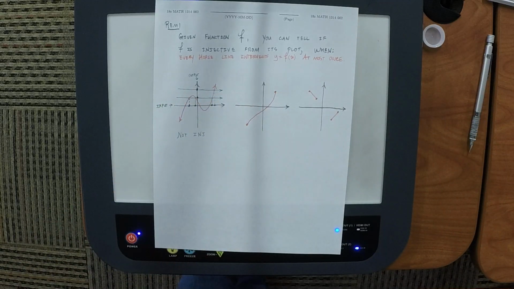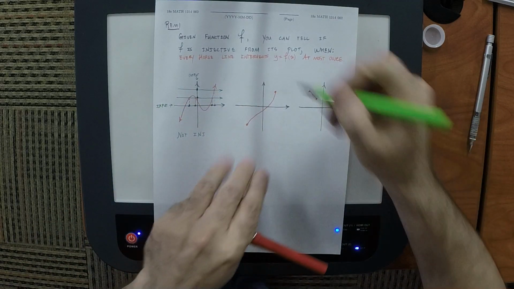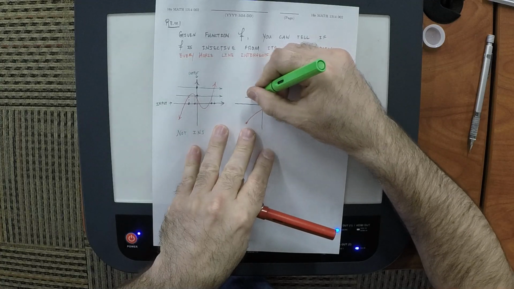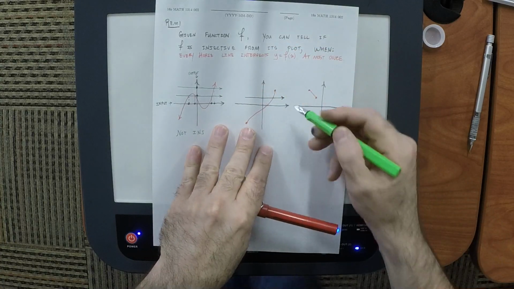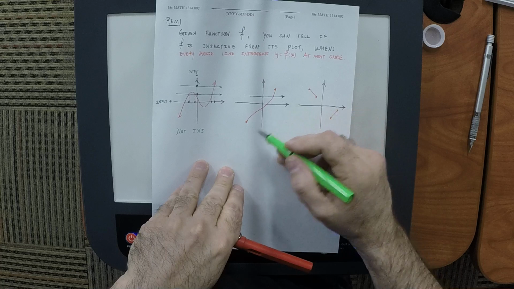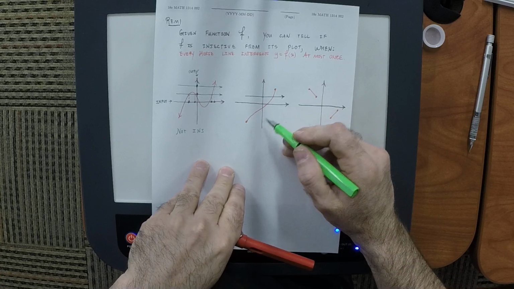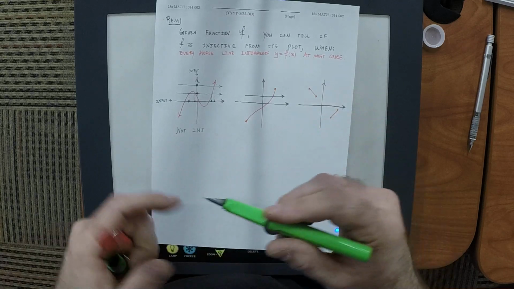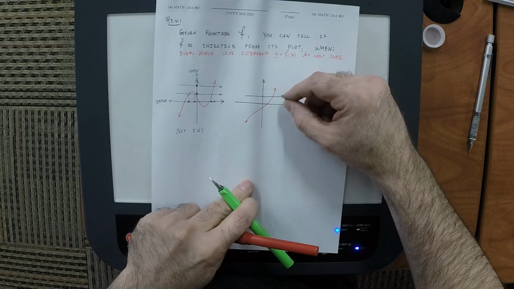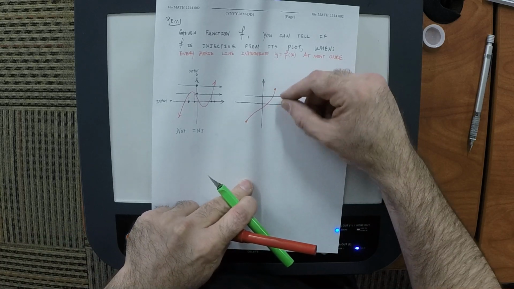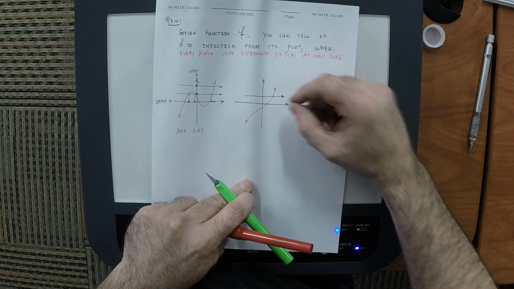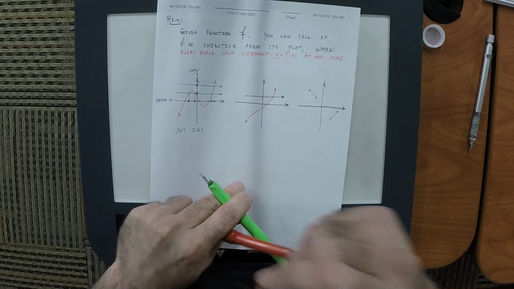Okay, so we need to finish this and then we'll be done for today. So how about this one? How many times does that horizontal line cross this one? Once, right? And can you see that if I wiggle it around and I come down here, everywhere that's sort of in here, there's just one. All right?